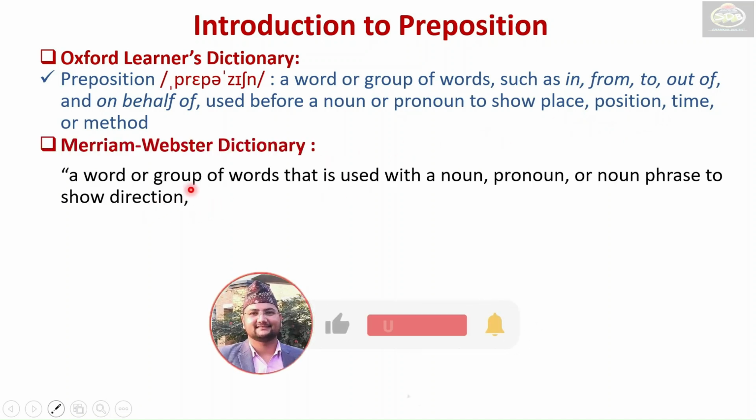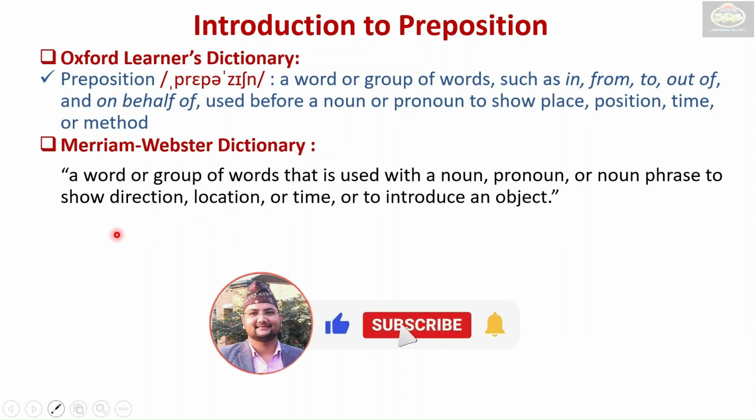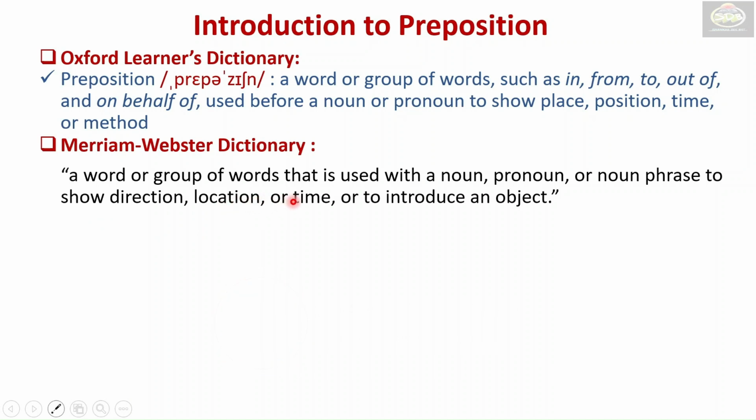And Merriam-Webster Dictionary defines preposition as a word or group of words that is used with a noun, pronoun, or noun phrase to show direction, location, or time, or to introduce an object.